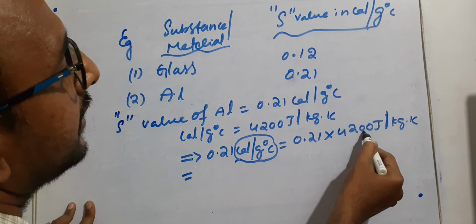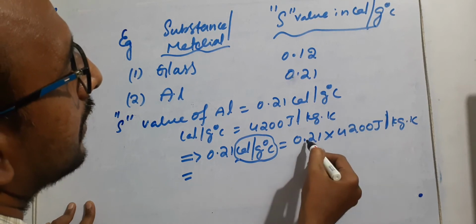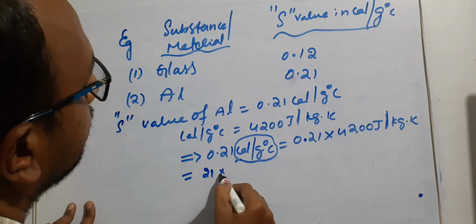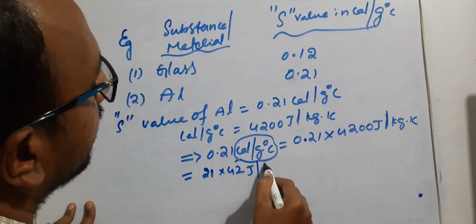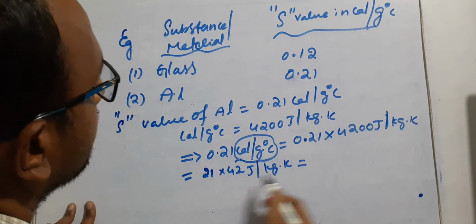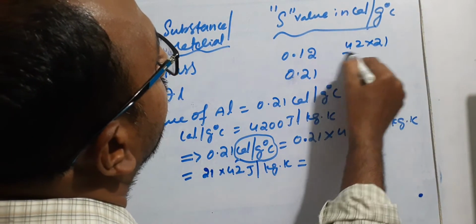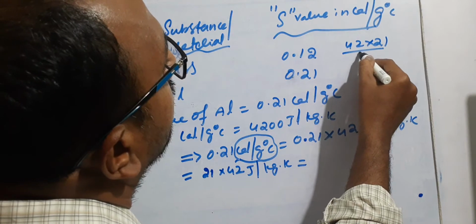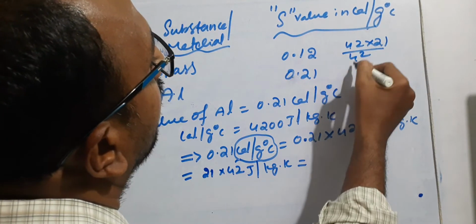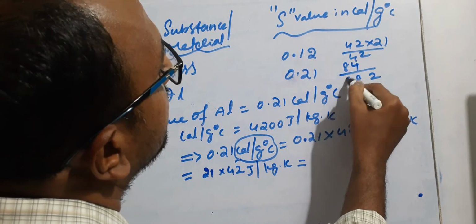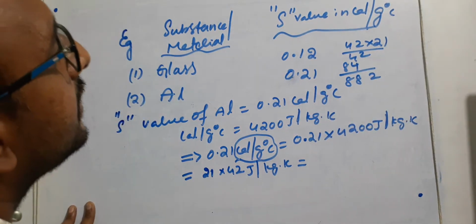Now we are eliminating two zeros and the decimal point, that is 21 into 42 joule per kg kelvin. 42 into 21 is 882.